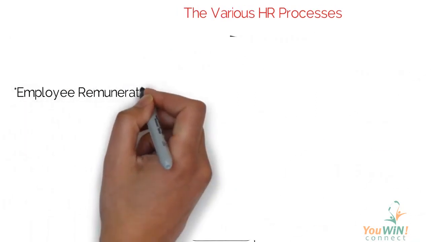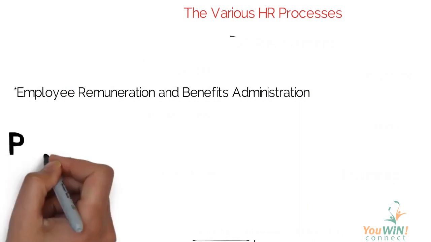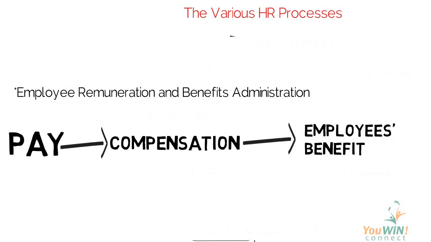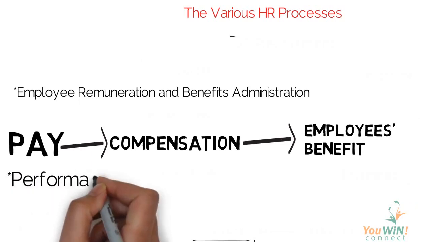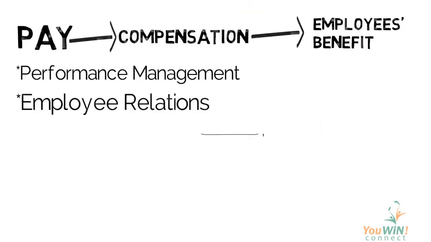Another process is the employee remuneration and benefits administration. By that, we're talking about the pay, the compensation, and all the benefits package that you will give your employees. Thirdly, performance management. And last but not the least, employee relations.